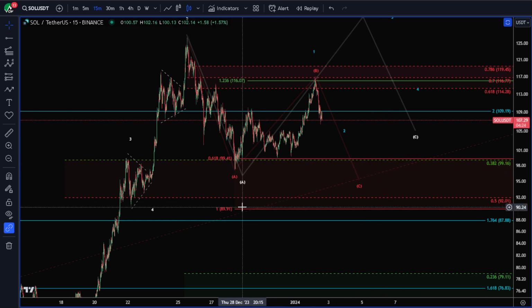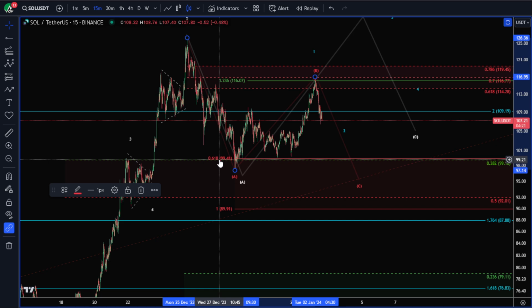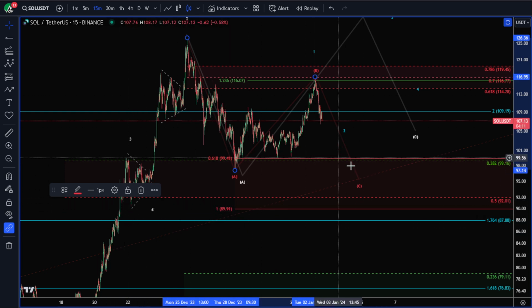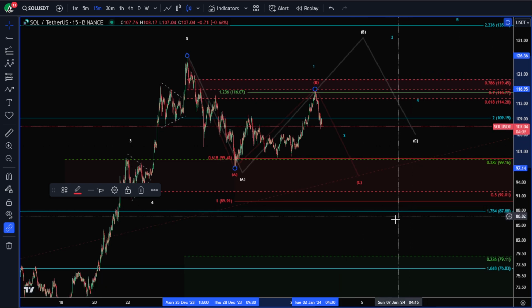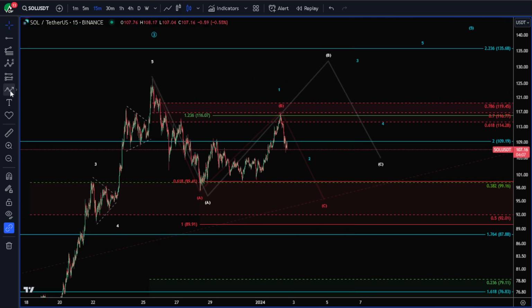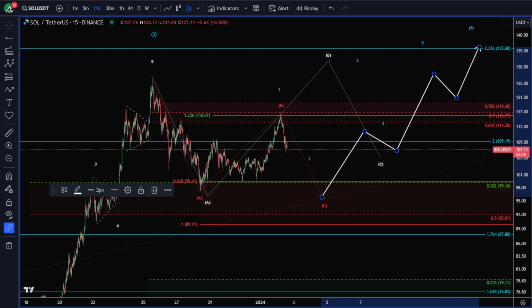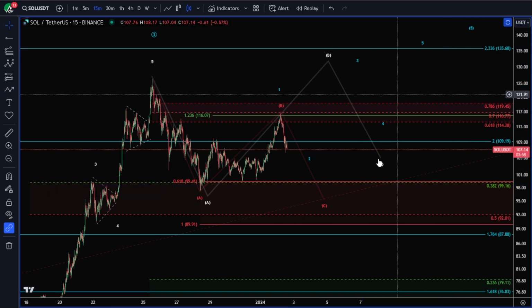And optimal targets of that would be between 99.41, the 618 extension of this A wave off the B, or right there around $90, and that's kind of below the pivot. So this area as a flat, and then we can make either an impulse or an ending diagonal up to that target once again before moving down to that fourth wave.